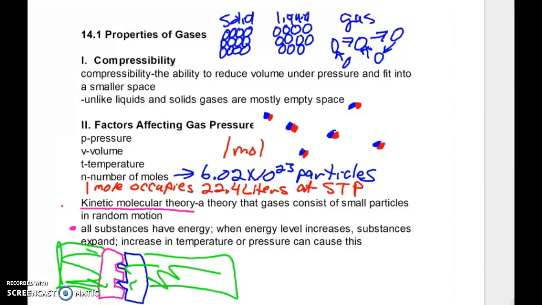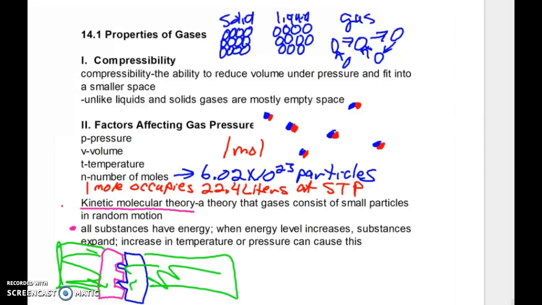So properties of solids versus liquids versus gases, and we talked about this way in the beginning of the year. We said solids have a very fixed structure. The shape and the volume is very fixed.